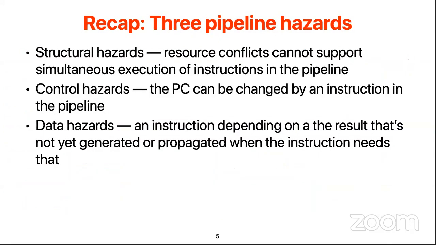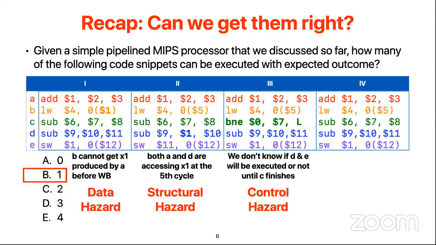However, we also learned that there are pipeline hazards. Structural hazards mean that we have conflicts, or race conditions, on the same hardware unit. Control hazards mean that we don't know what the next PC is, so we cannot proceed. And finally, data hazards mean an instruction depends on a result that is not yet generated or propagated when the instruction needs it.